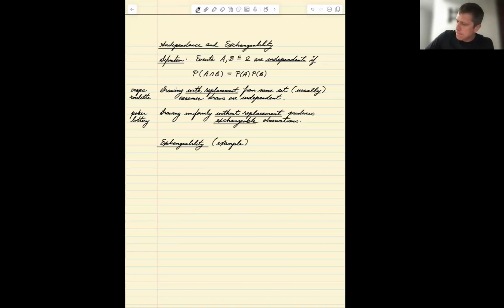Let's suppose 2 balls are drawn from a box. The box has 6 numbers, 1 up through 6, and they're drawn without replacement.